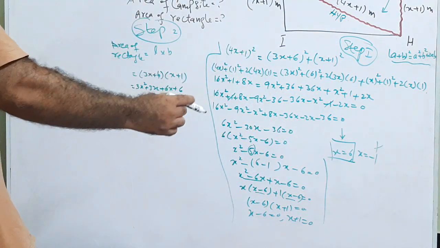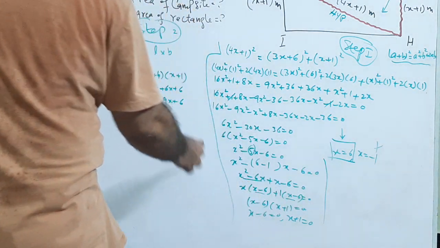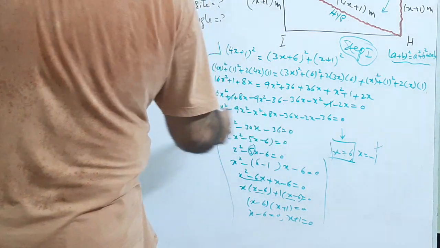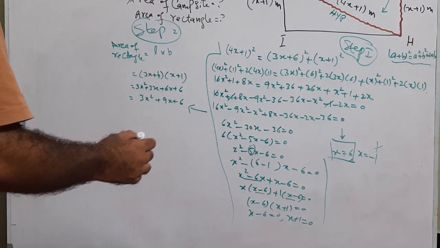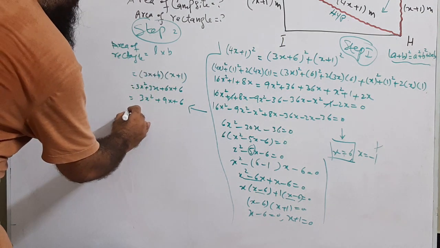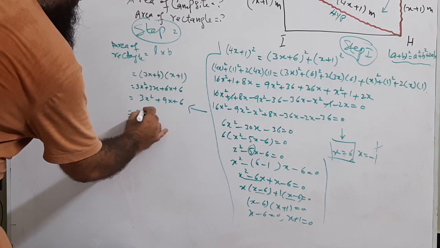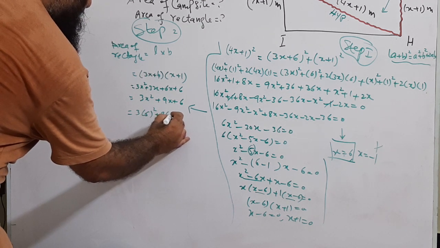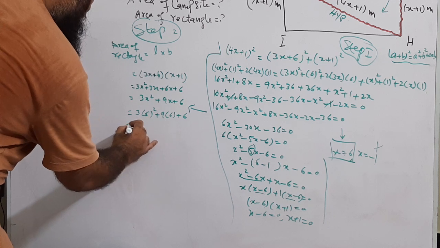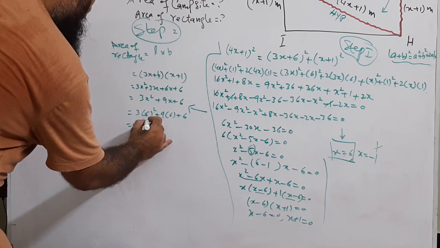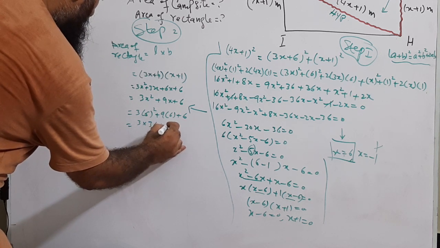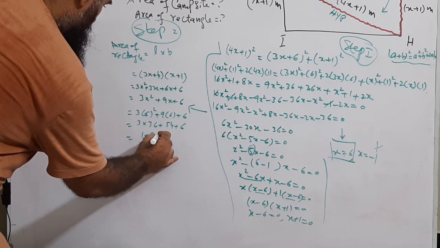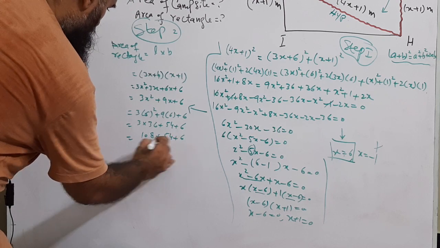So we will be putting this value here in this equation. The value of x will go into this equation, x is equal to 6. So we will be replacing x with 6. It becomes 108 plus 54 plus 6.